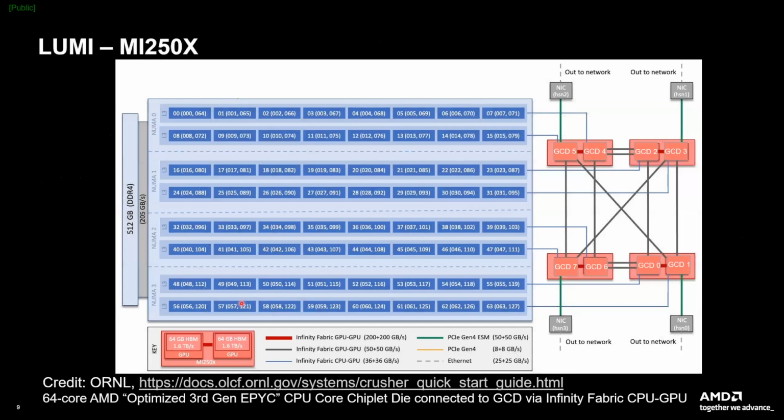Now, what I want to show you here is an image from Oak Ridge's website, but I have edited it a bit. Here is the CPU, okay? You see the 4 numbers of the CPU. Now, the trento is basically a 64-core AMD optimized 3rd generation EPYC CPU, core chiplet die connected to GCD via Infinity Fabric.